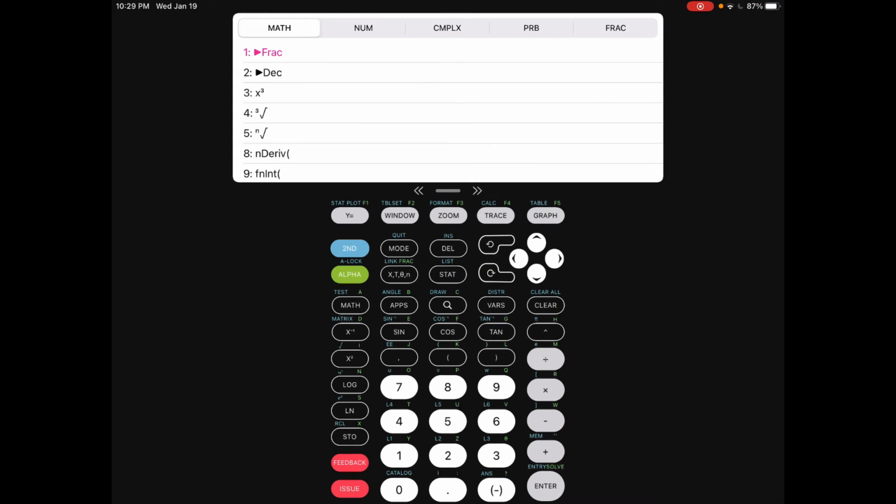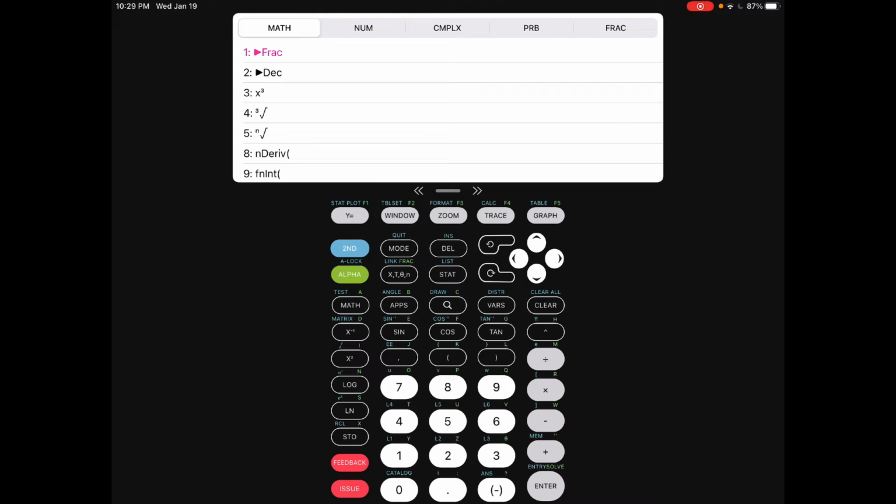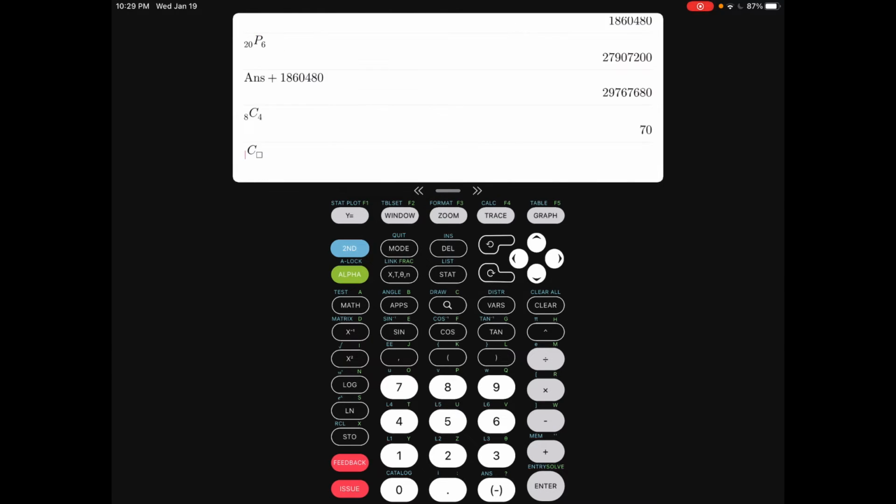I'll show you what I mean. If I do 8C4, that's 70. If I do 7C3, I get 35. I could multiply those two things together and get 2450. Or I could do it all at once.